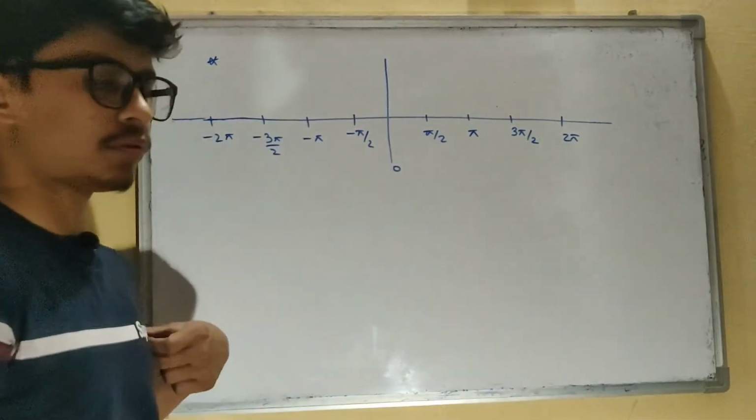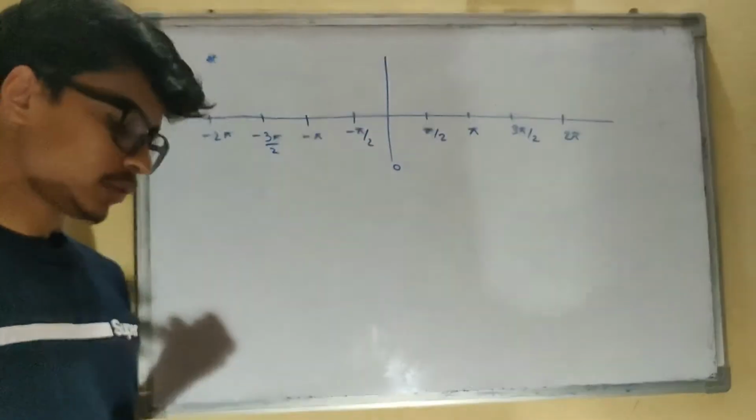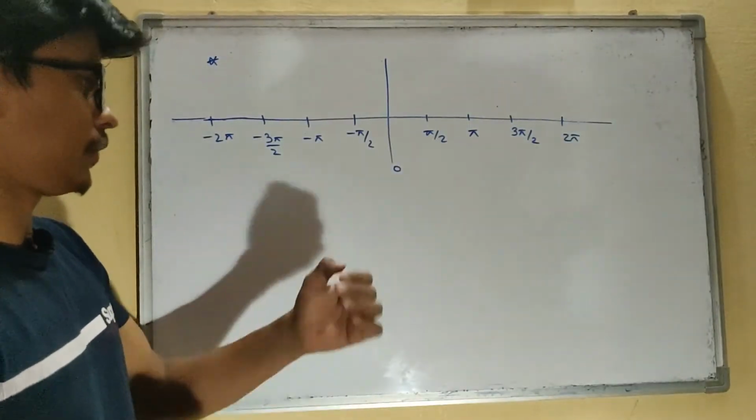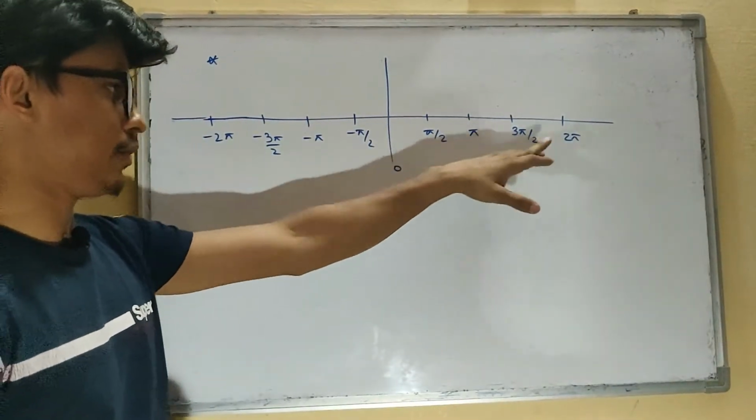One thing you may have in mind is how you will calculate the value at 3 pi by 2, at pi and 2 pi, right?